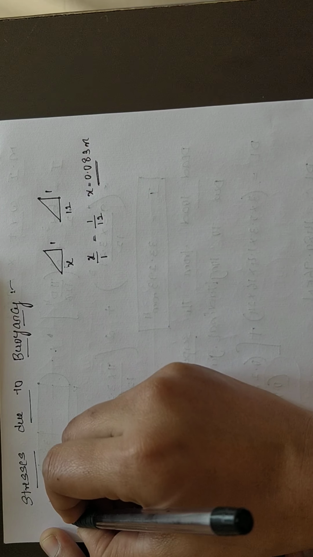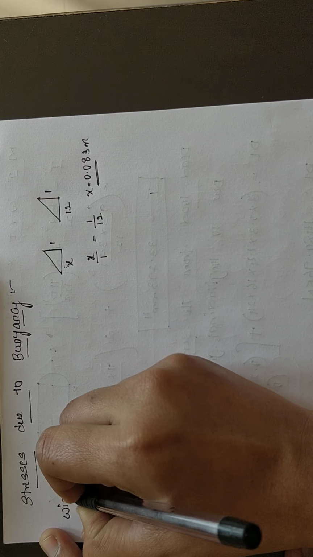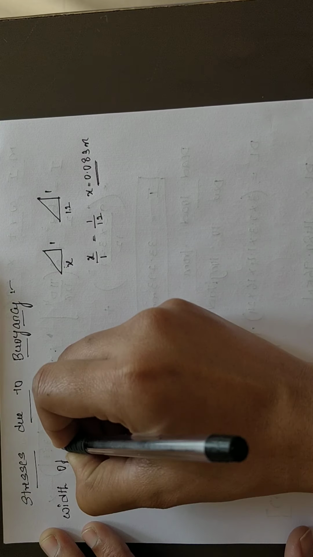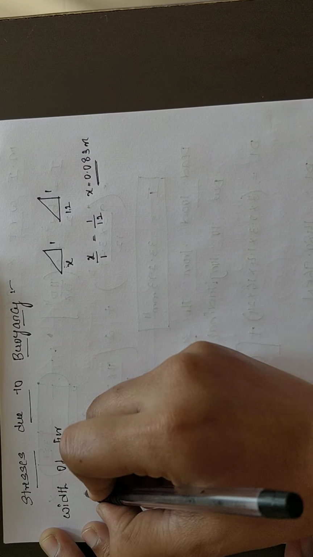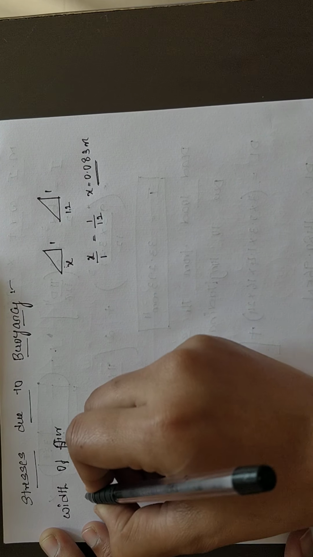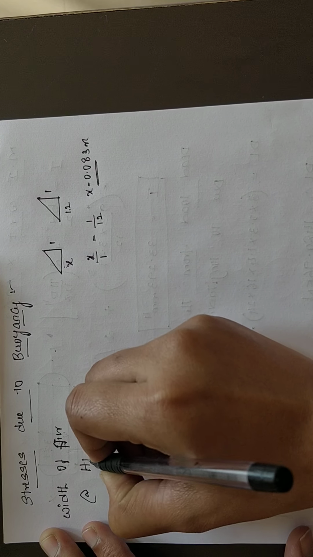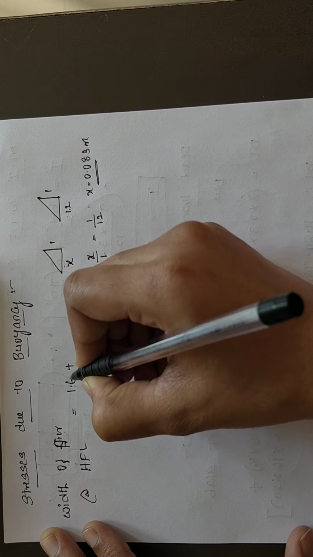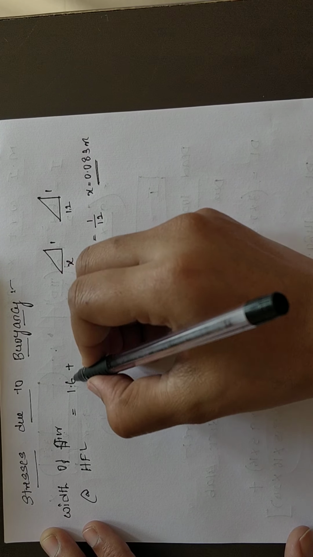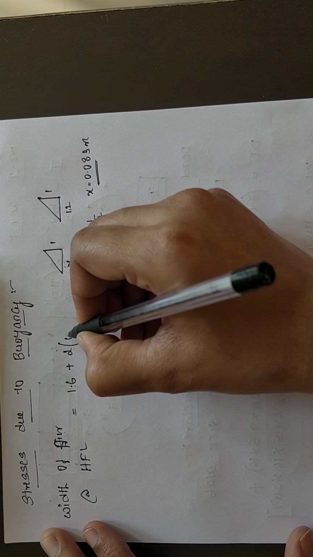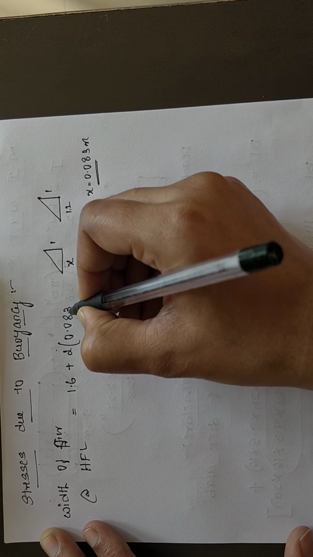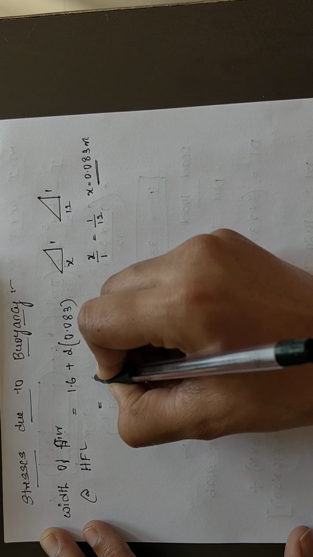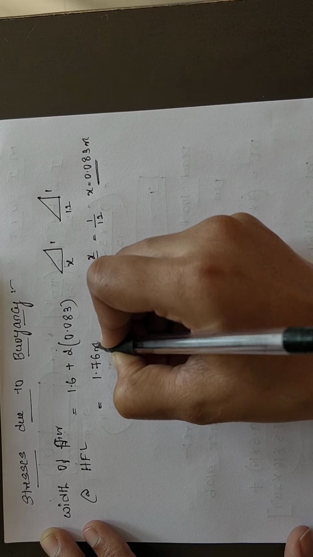Now calculate the width of the pier at HFL. Width of pier at HFL will be equal to 1.6, that is the top width, plus twice of 0.083, and you will get 1.76 meter.